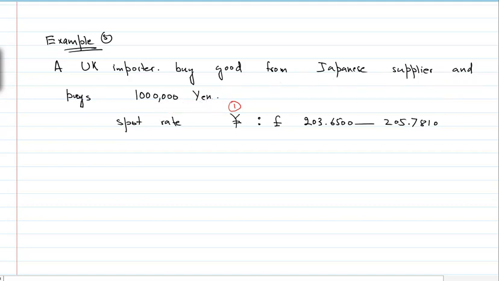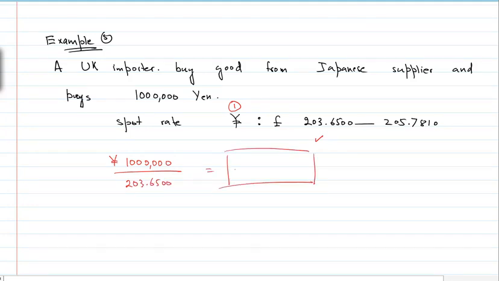So the UK company is first going to buy yens and then make the payment. So we are buying the quote currency, so it means the smaller rate. 1 pound is equal to more than 1 yen, so we are going to divide so that we get a smaller amount in pounds. So 1 million yens divided by the smaller rate, 203.6500, and this will give you the amount in pounds.